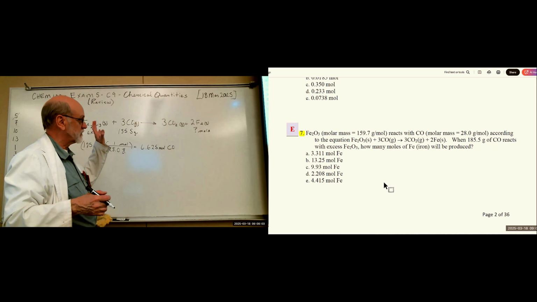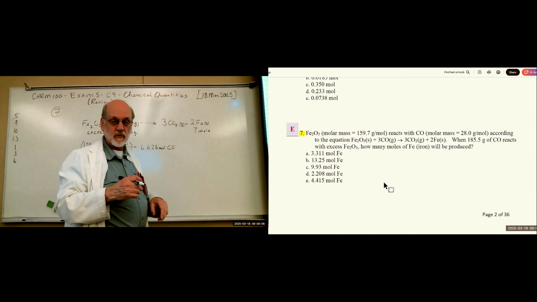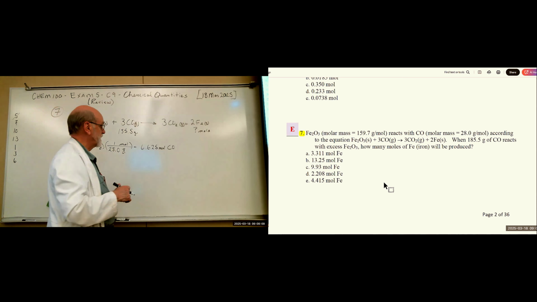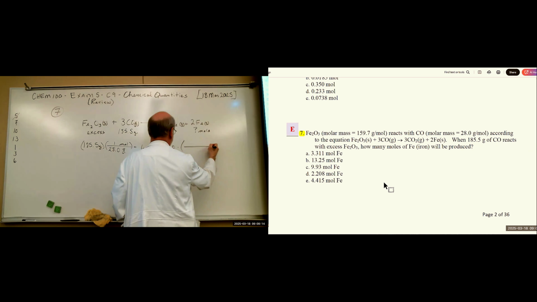So now we need to convert to moles of iron. And this is where we use the example from our previous problem number 5 and simply cancel carbon monoxide and leave us with iron. And the coefficients tell us the conversion factor.